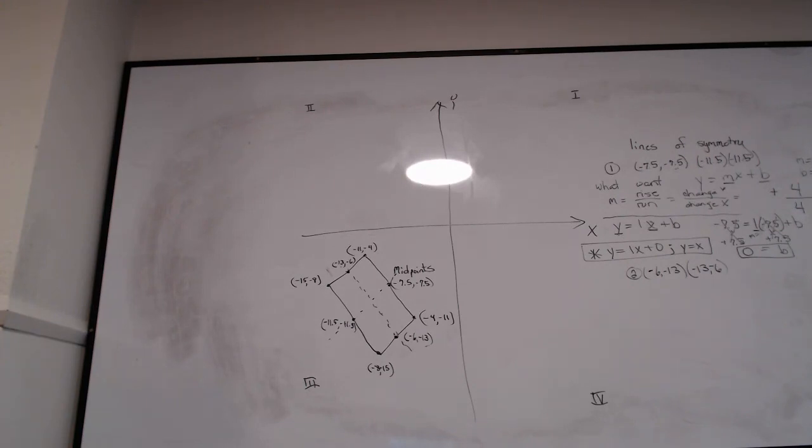Except our slope is -1, so this has to be -1. So it's really going to be positive 13, because -1 times -13. Now I'm going to subtract this, because I want b by itself. I don't want to move the 6 over here, I want b by itself. So you do that first then.